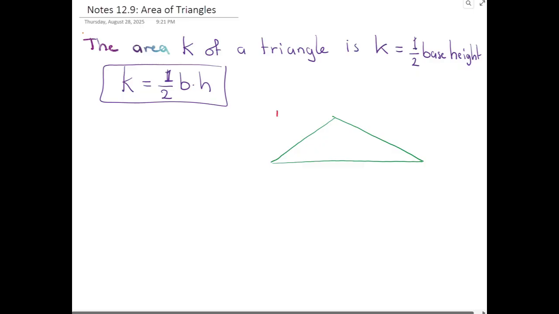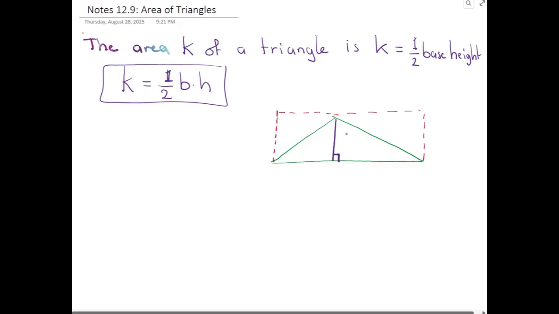So this now became a rectangle, and in that rectangle I'm going to draw my altitude for my triangle, right?